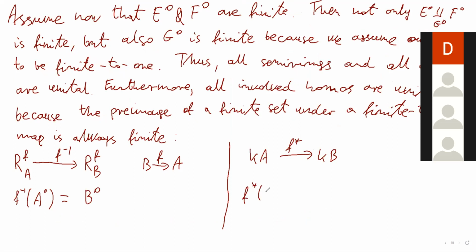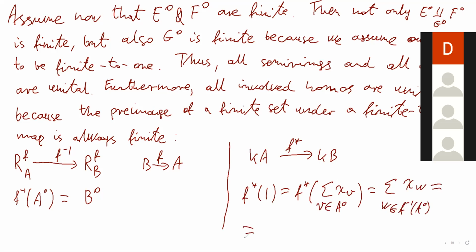So F star of 1 is equal to F star of the sum of chi v with v running over a0, which is the same as the sum of chi w by the definition of this pullback map F. If you remember, we are just summing over preimages, and if I sum over preimages of all these, I'm taking my w's running over the preimage of a0.